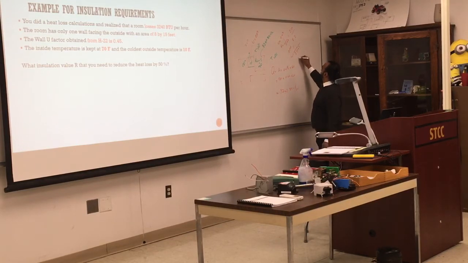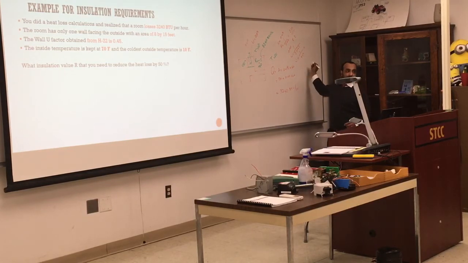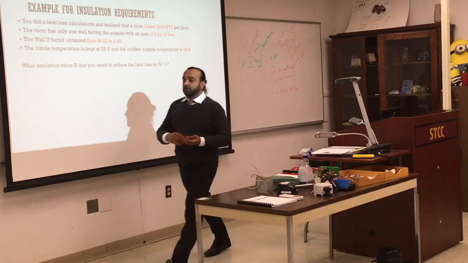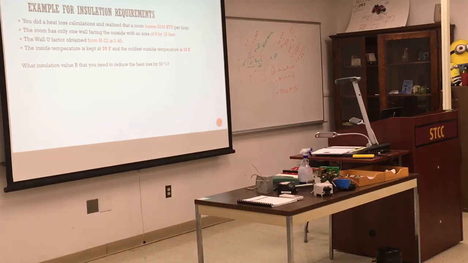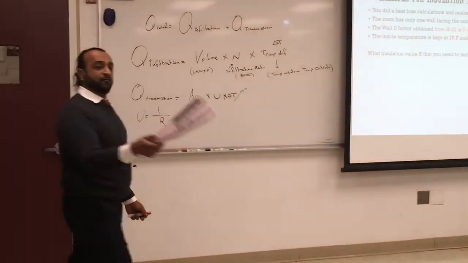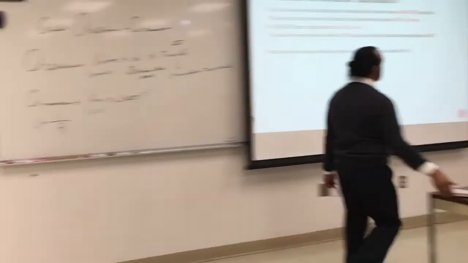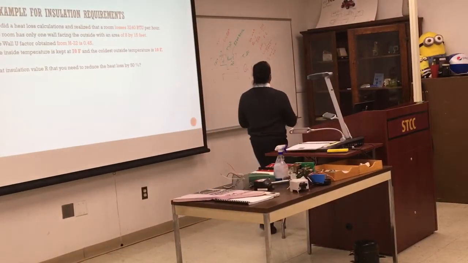I added resistance to it, and then I'll have 1 over 4.22. What is the new U? So I went there and I bought a board like this one, but then instead of it being 4, I put 2. So I know that will give me some reduction, not as much.